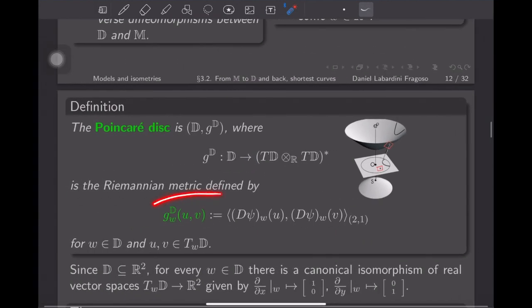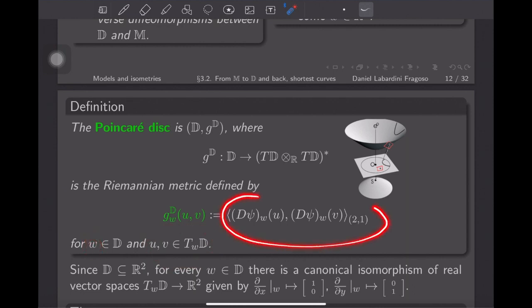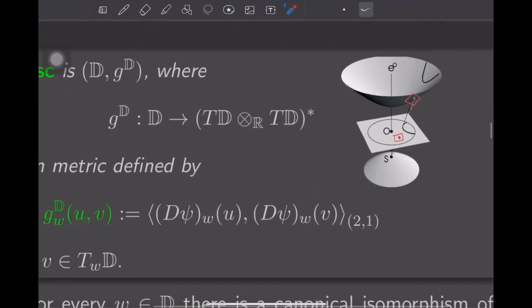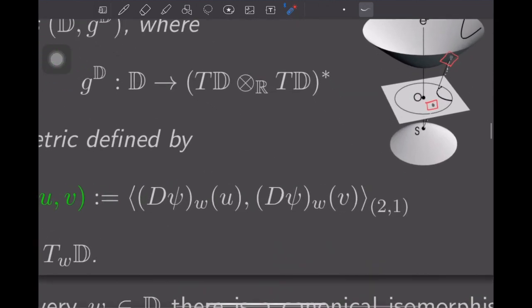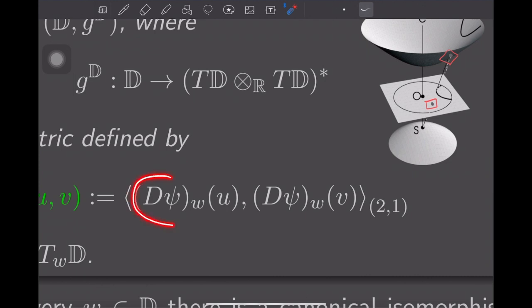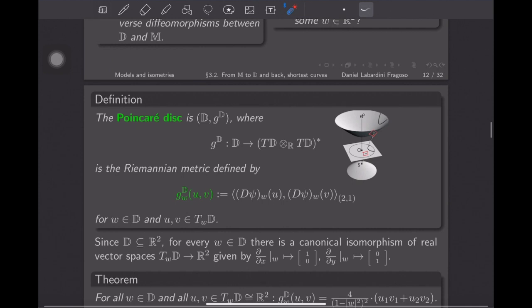That's exactly what this formula says. So define the inner product of two tangent vectors at a point W to be Minkowski's pairing between their images under the derivative of psi. That's what we do. And here you see I'm using this notation that I introduced earlier, right?